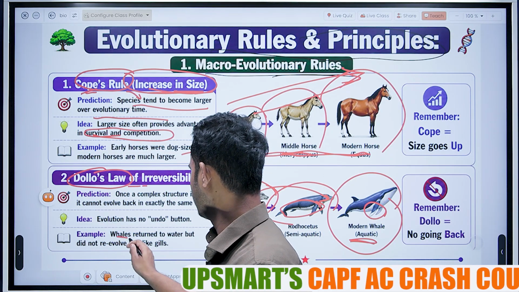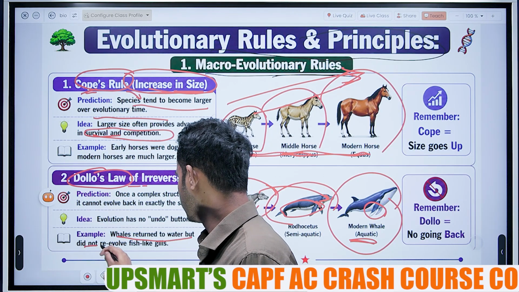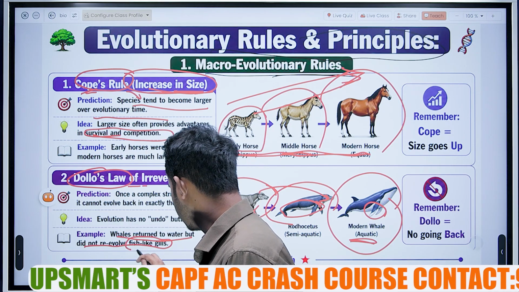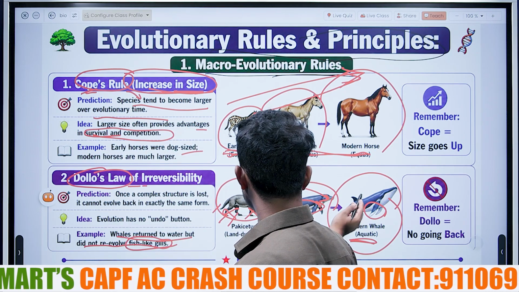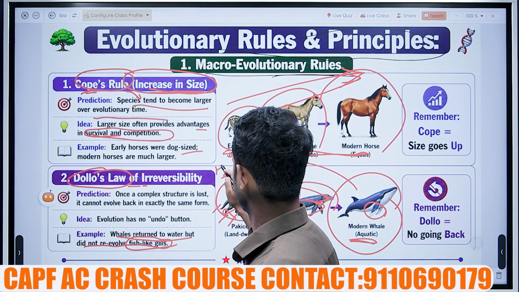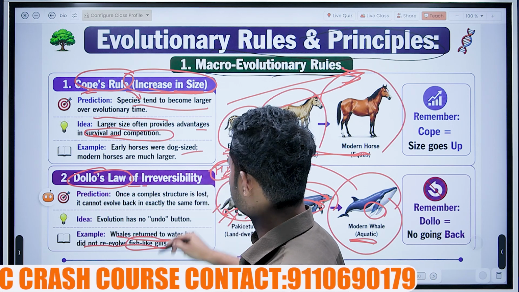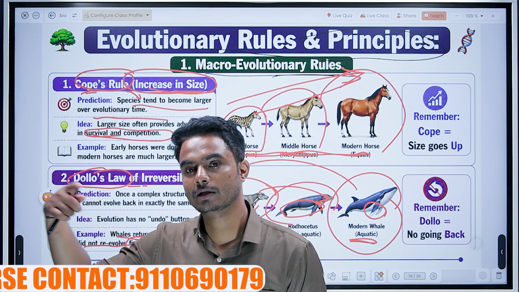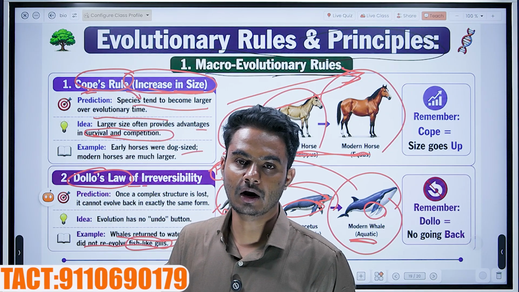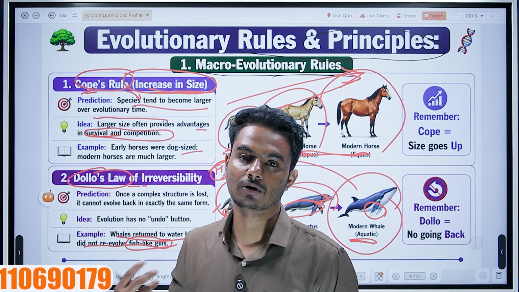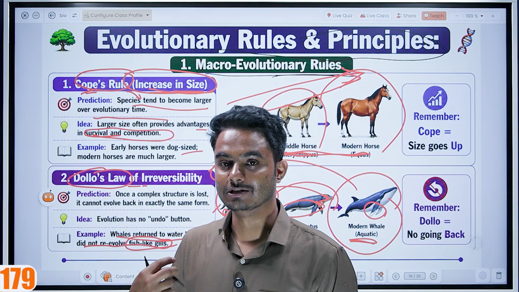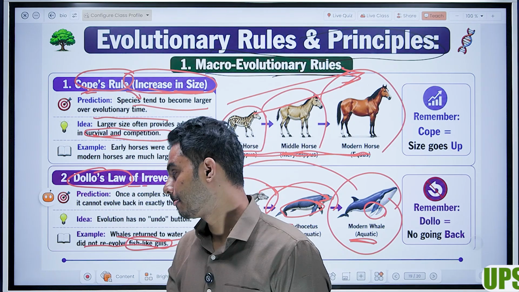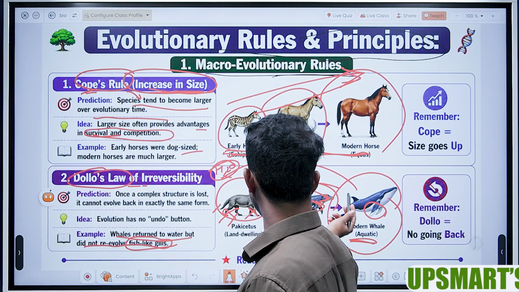Whales returned to water but did not re-evolve fish-like gills, because whales once used to be in water, you say. When it was in water, it had gills, but when it came onto land, gills were not useful. Then it got lungs and it got legs. Then again it wanted to go to water.